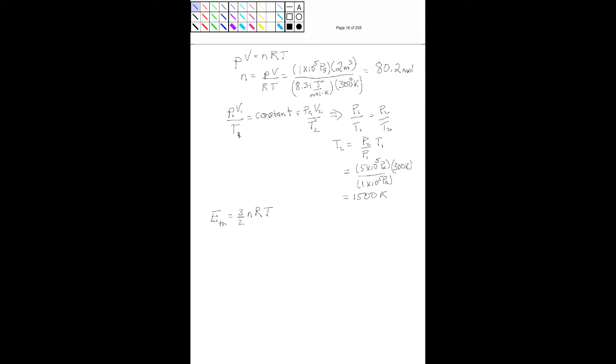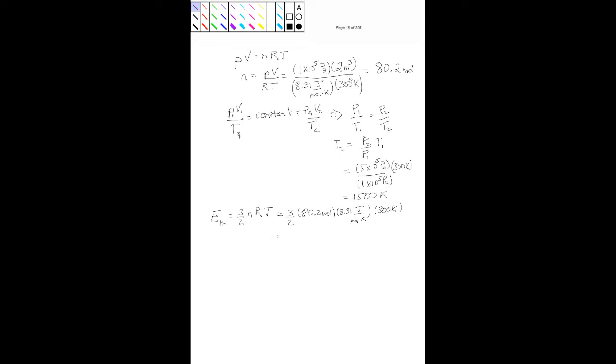So for example, for state A, we know the number of moles is 80.2. We know R is 8.31 joules per mole Kelvin, and we have temperature being 300 Kelvin.